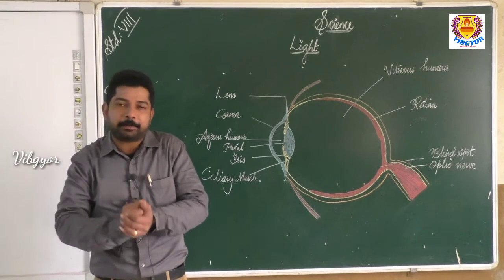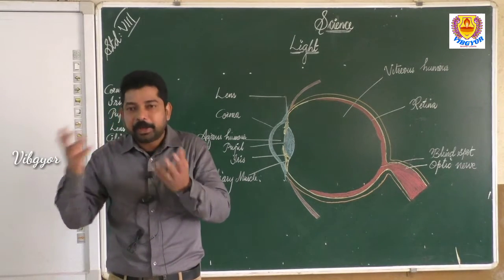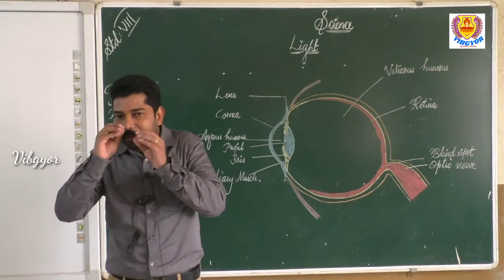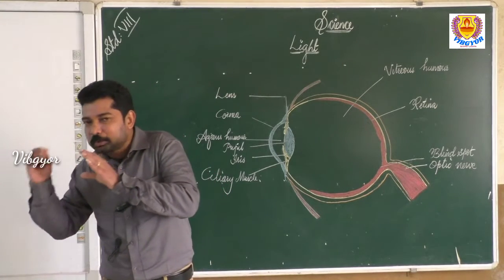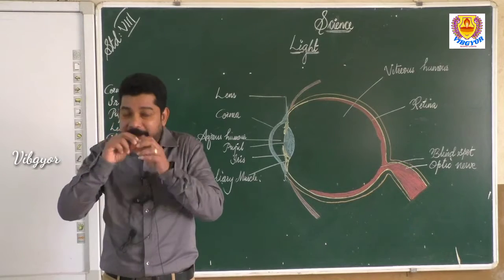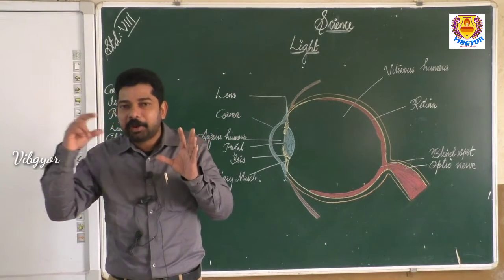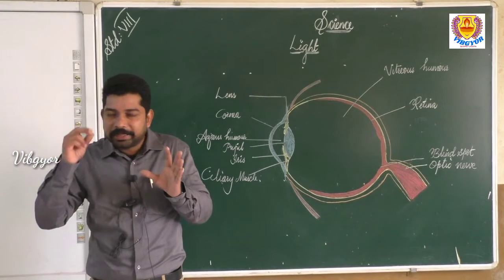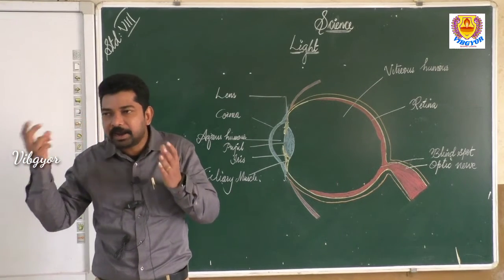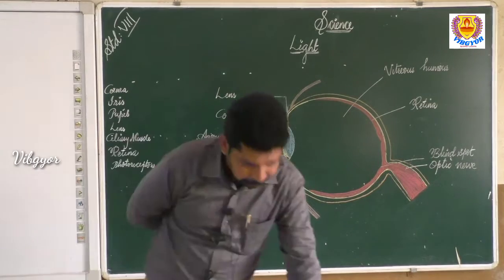When you come to another place, the normal light is there, but it takes a little time to adjust. Suddenly it won't expand. Slowly it expands, and later we feel it as normal.